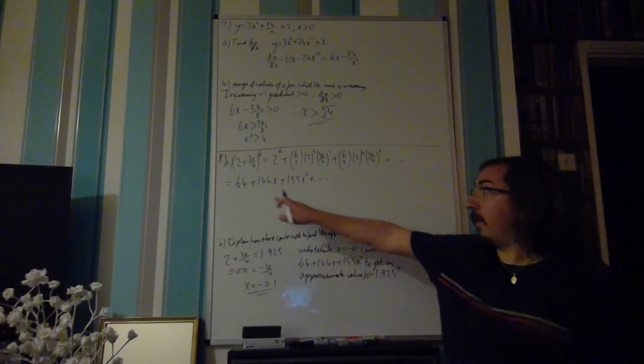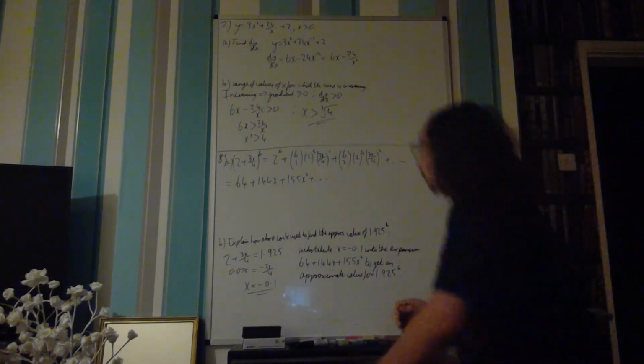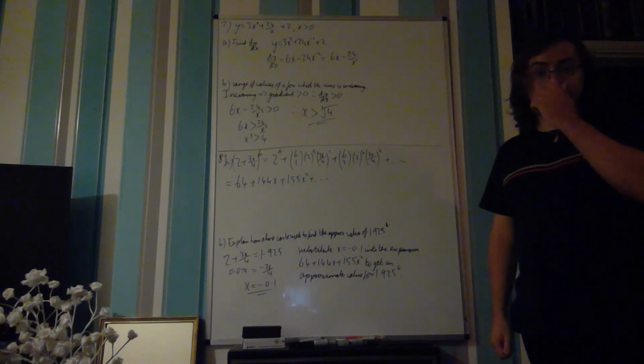So if we substitute that value into this expansion, it will get us an approximate value for the 1.925 to the power of 6 value that they're looking for.